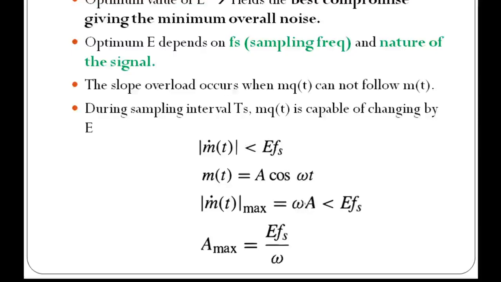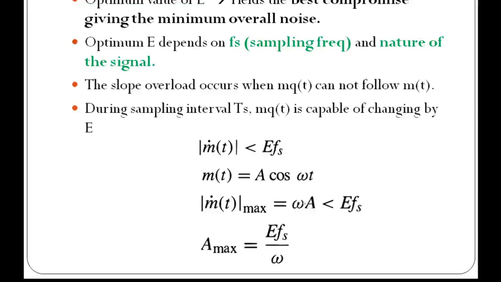So the optimum E will depend upon Fs, that is called the sampling frequency, and it will also depend on the nature of the signal. Slope overload occurs when our signal mq(t) cannot follow m(t). During the sampling interval Ts, mq(t) is capable of changing by delta, either plus delta or minus delta.